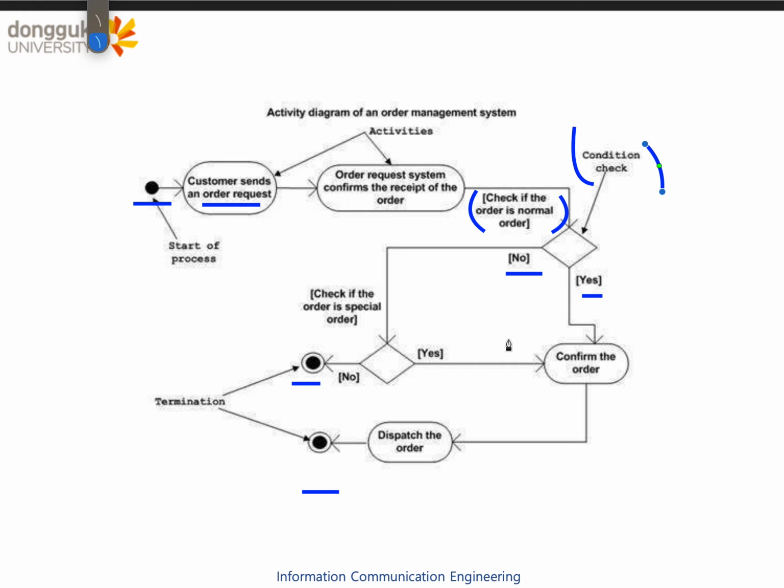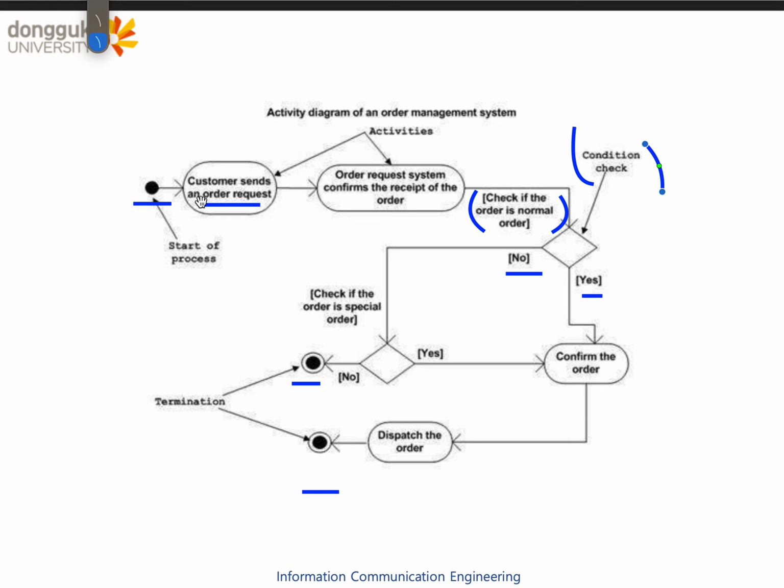Then, once you have this first, next you can use this diagram to build the class and sequence diagrams together. Sequence and class diagrams are a more detailed level of description for the system, and this is a higher level description of a system.